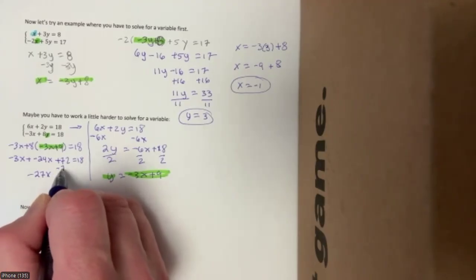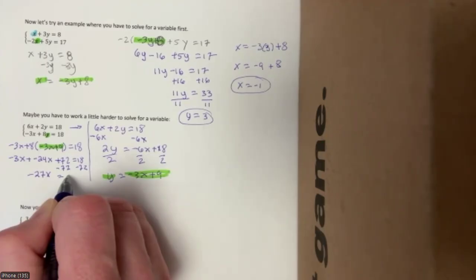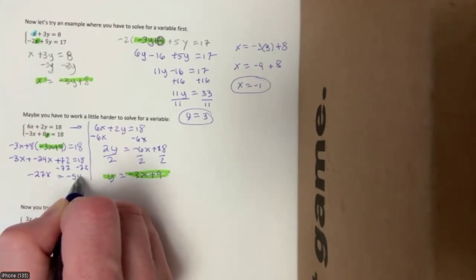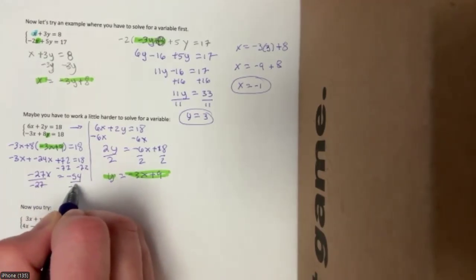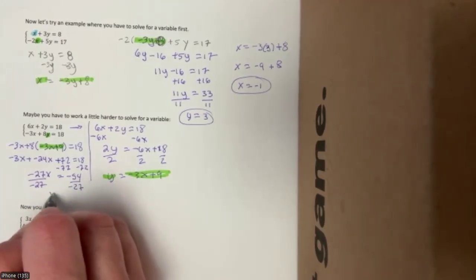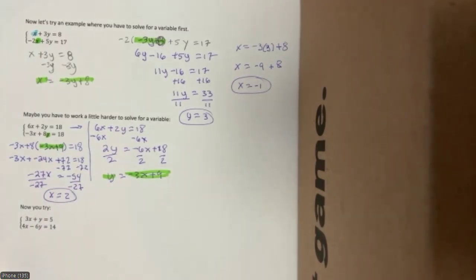And subtract 72 from both sides. So 18 minus 72 is negative 54. Divide both sides by negative 27. And that gives me x equals positive 2. Look at that, we're almost done.